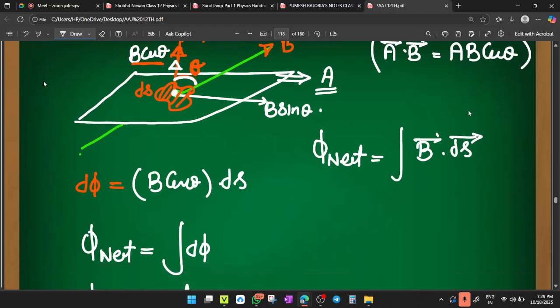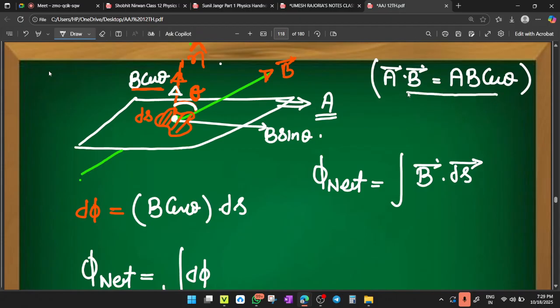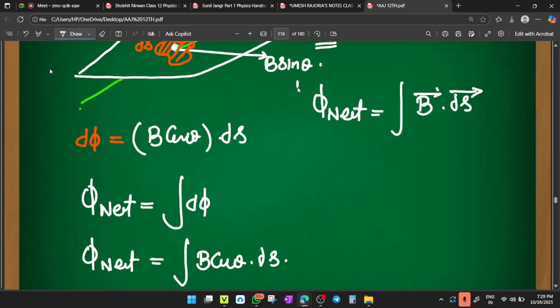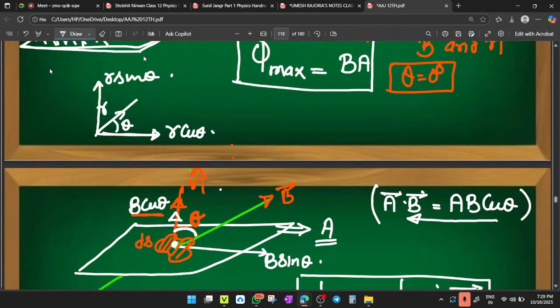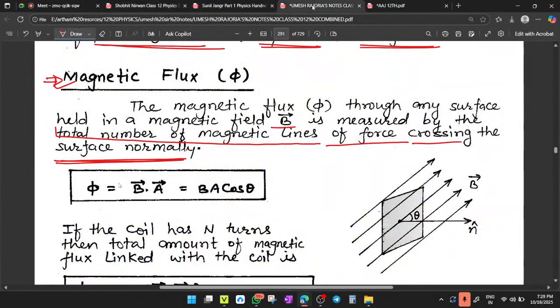So if we eliminate this cos theta, by reverse approach, reading the formula from right to left, it becomes A dot B. Yes or no? So integration of B dot dS is called the total flux. Okay. Yes, total flux equals integration of B dot dS. Okay, so this is the amount of total flux.